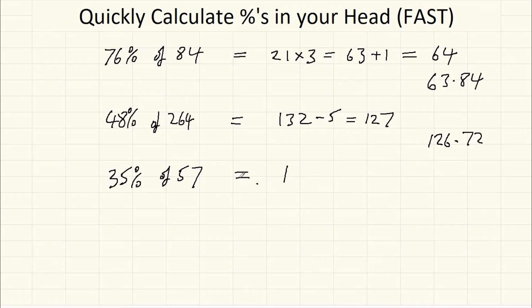So that is 19. And we actually want a little bit more. I'm not even going to work out what a little bit more is. I'm just going to take a guess here and add on 1. Okay? So I reckon it's around about 20. Maybe it's a bit more. Maybe it's 21.